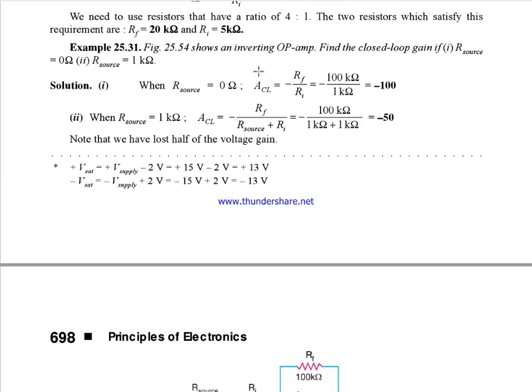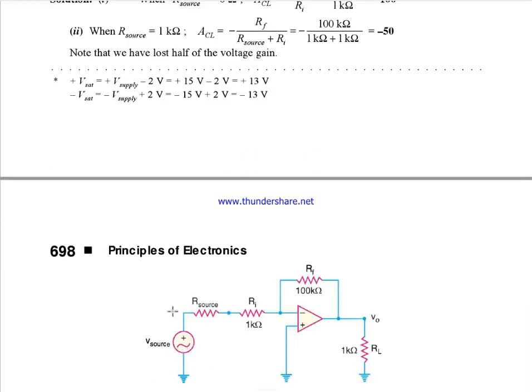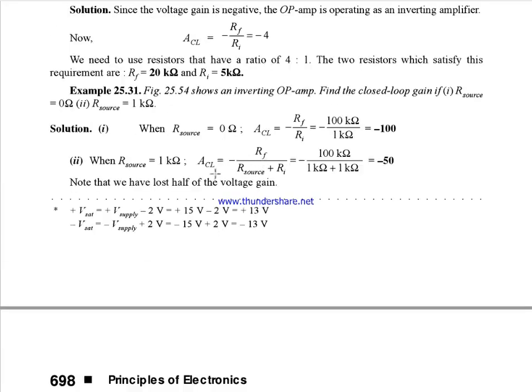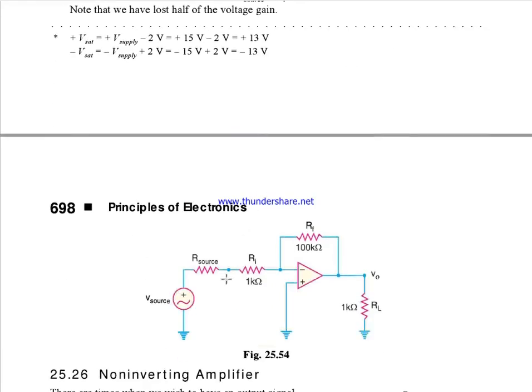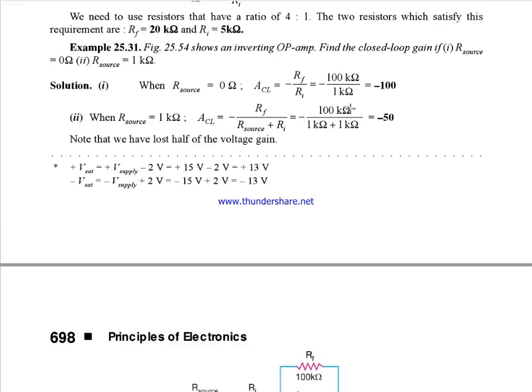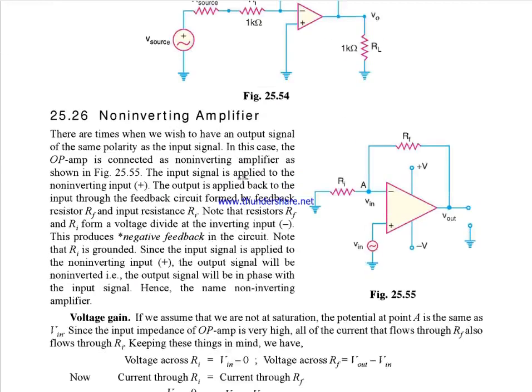Without any internal resistance, if R source is 0, then ACL will be minus Rf by Ri. But if you are considering the resistance of the source, then it is understood that our source and our Ri are in series. So the equation will be Rf divided by, instead of Ri, Ri plus R source. Only that is the difference.